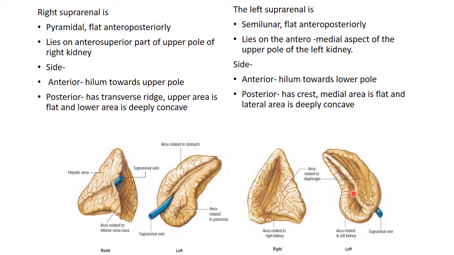The left posterior surface has an almost vertical ridge separating the two areas. The lateral area will be related with the diaphragm, the medial with the kidney. Whereas on the right side, there is a transverse ridge separating this concavity for the kidney from this flat area for the diaphragm. So with this, we can identify the side of the adrenal glands.